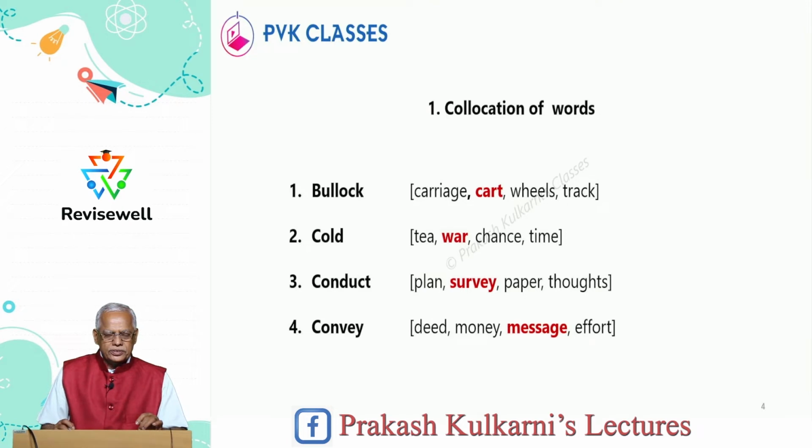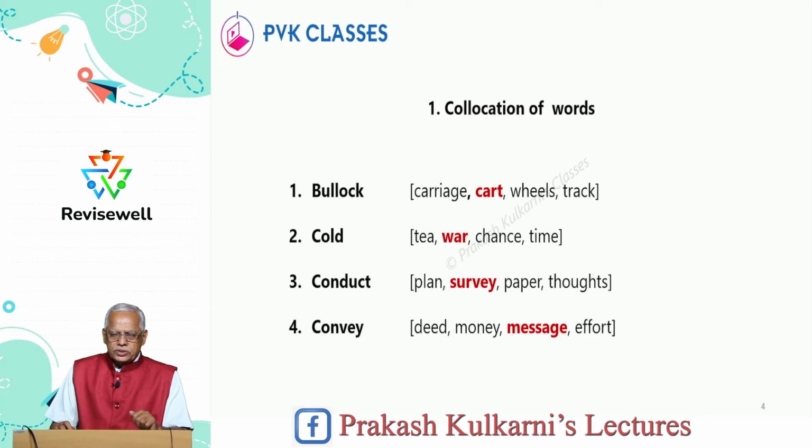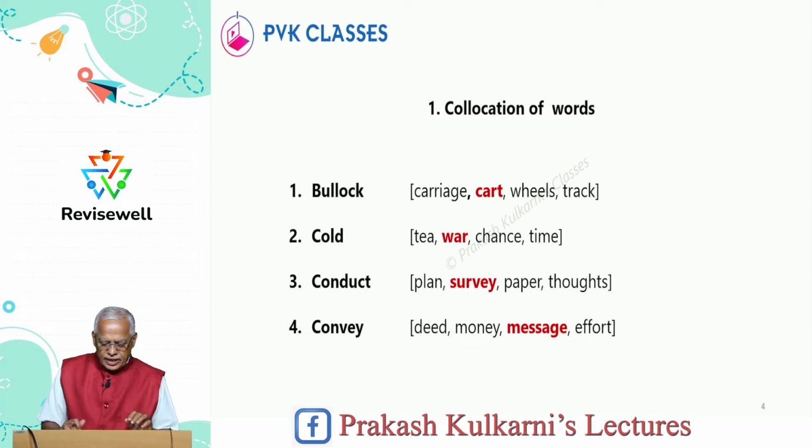The fourth one is the word convey. Convey deed, convey money, convey message, convey effort. Out of four words, the correct collocative word is message. Convey message, that means communicate a message to somebody.